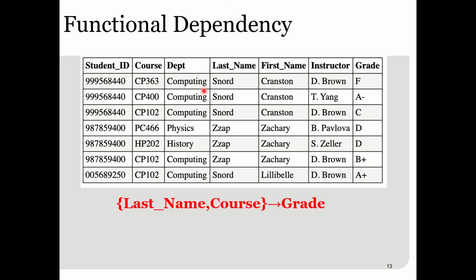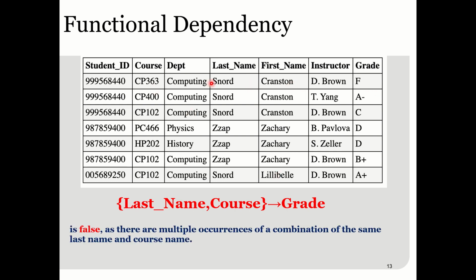So let's take this example. Say we have student ID, course, department, last name, first name, instructor, grade, etc. In this one, I'm just taking the last name and the course. So I'm taking SNORD and CP365 implies the grade.